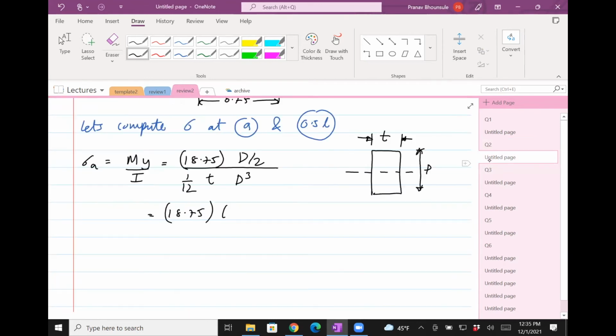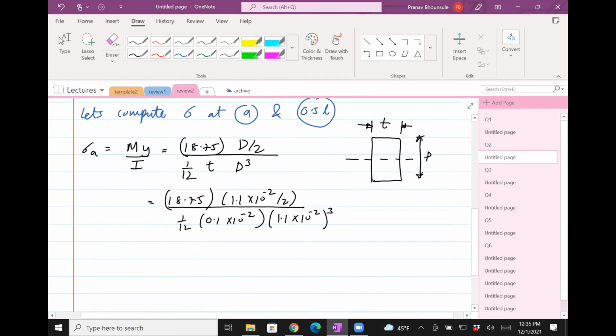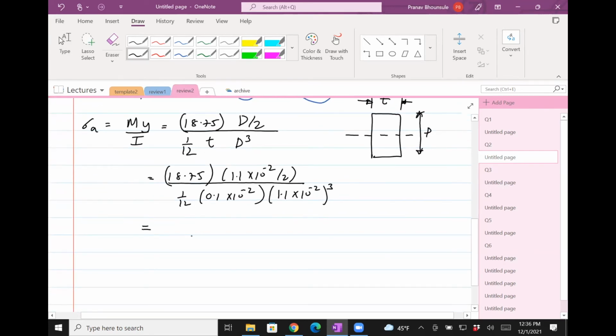So let's use that. So that's meters now divided by 2. 1/12, thickness is 0.1 times 10 raised to negative 2. D is 1.1 times 10 raised to negative 2, cubed. Okay. Solving for sigma A gives me 929 MPa.